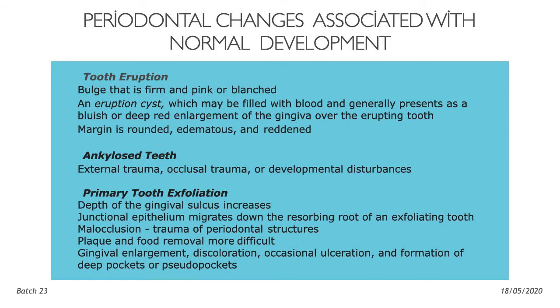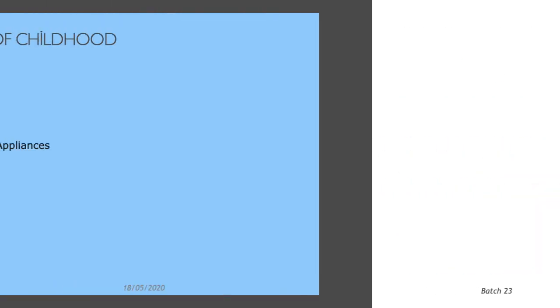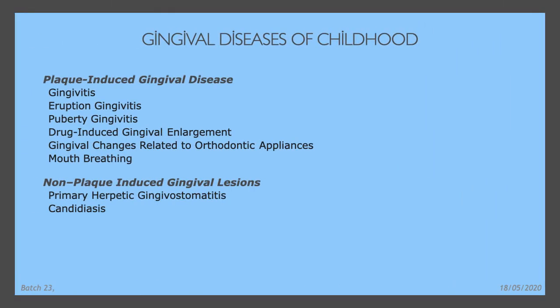Coming on to the diseases, the gingival diseases of childhood. What are all the gingival diseases you will see during childhood? One is plaque induced and the other is non-plaque induced gingival diseases. Most frequently you will see plaque induced gingival diseases, most frequently gingivitis.